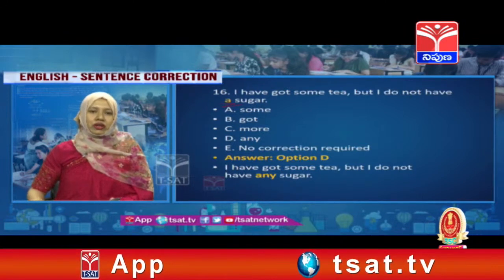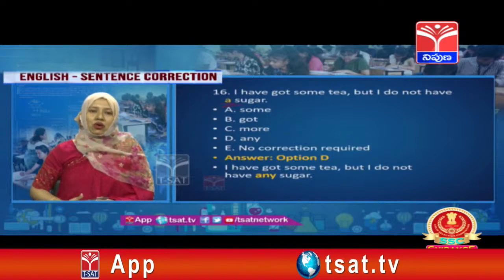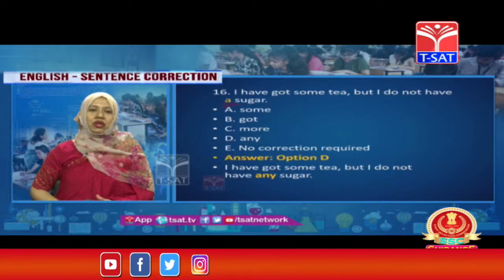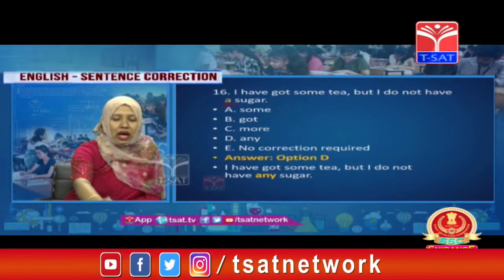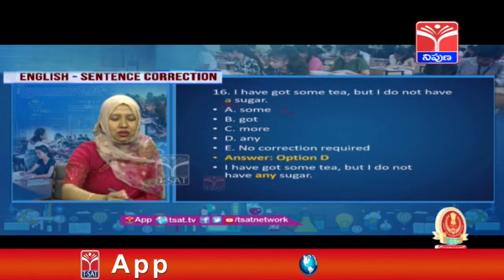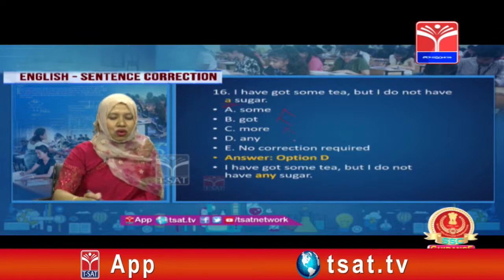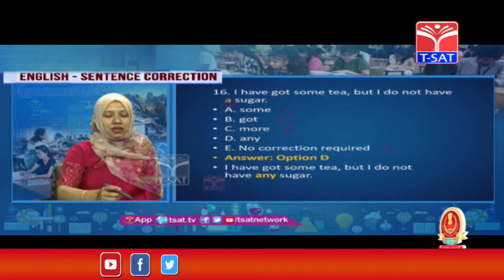It talks about quantity, it cannot be counted, it is uncountable. So before uncountable nouns, we use any. I have got some tea but I do not have some sugar is wrong, got sugar is wrong, more sugar is wrong, no correction required also is wrong, because there is a mistake.